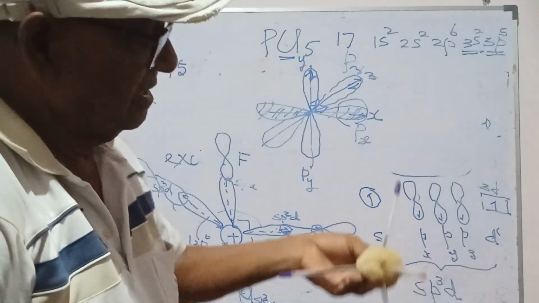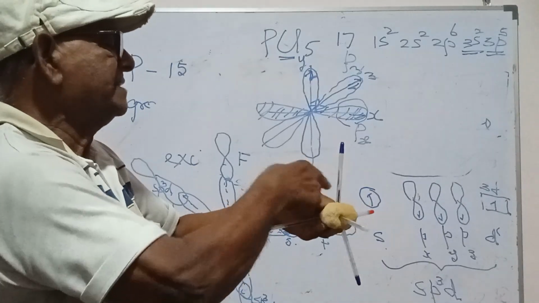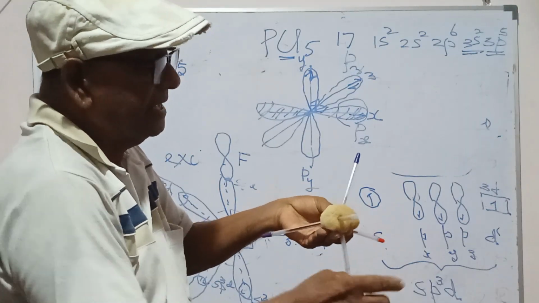So, these are the hybridized 5 orbitals.